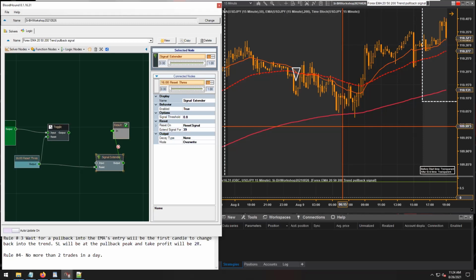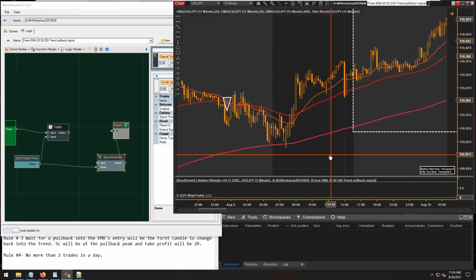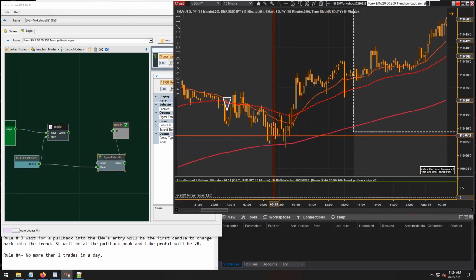So at this point in time, that's when I need to check. And so if the toggle node's still on, that's when I'll use my signal extender and extend that there's a valid situation for the rest of the day, or sorry, for the rest of this period here.